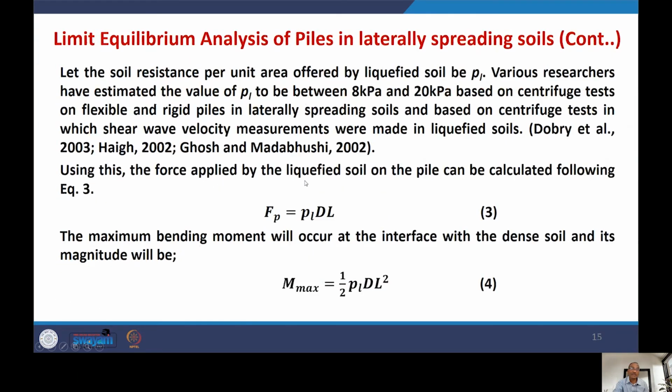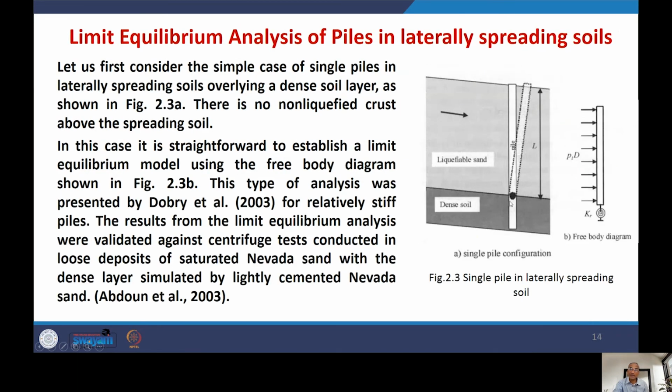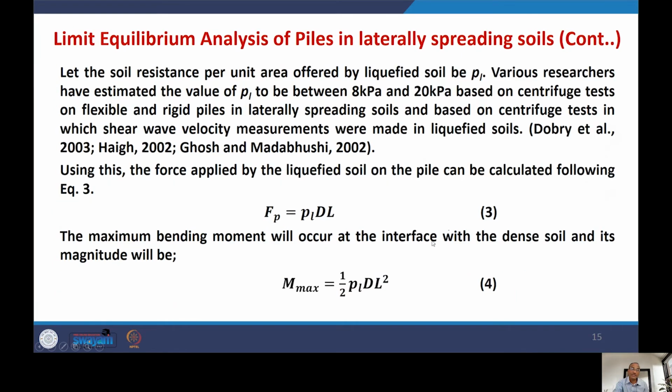With that we can find the force applied. Then the maximum bending moment will occur at the interface with the dense soil, at the formation of the hinge. At this point, the maximum bending moment can be worked out using the relation half PL D L squared. Once you find the force applied, you can find the bending moment as well.